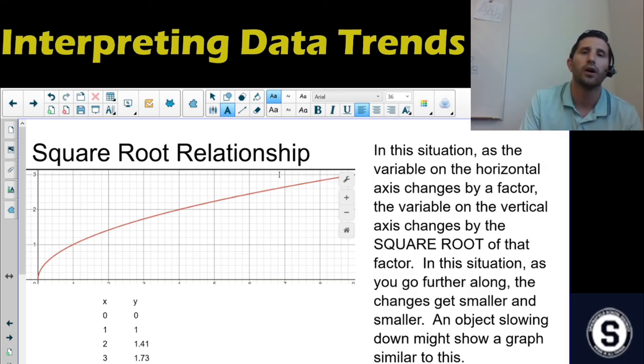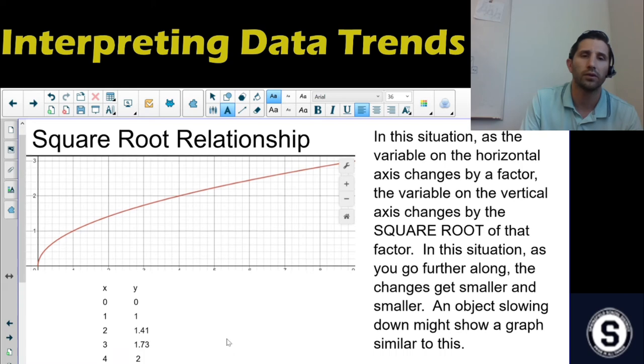Okay, so here in our data set, you'll notice as we go from 1 to 2, we've increased by doubling. We've also increased on the y-axis, but by less than 2 times. All right, if we go from 1 to 3, for example, we've gone up in the x column by 3 times, but on the y column, we've not even gone up 2 times.